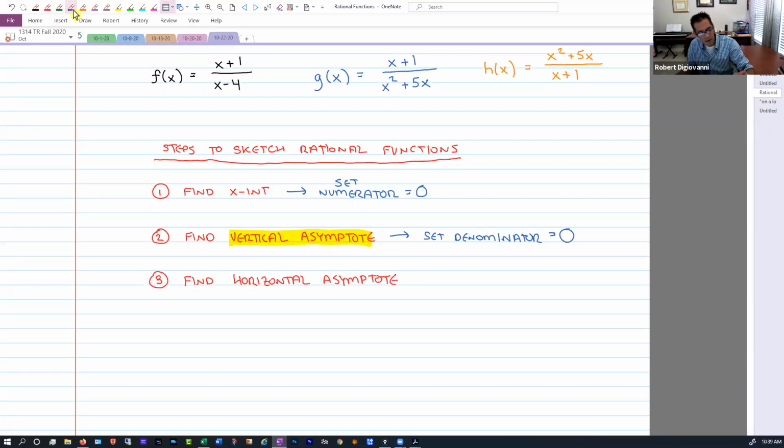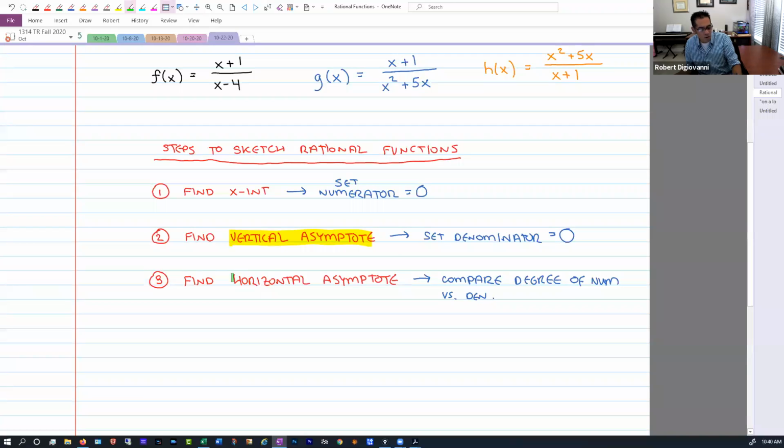And to do that, you will have to compare the degree of the numerator versus the denominator.